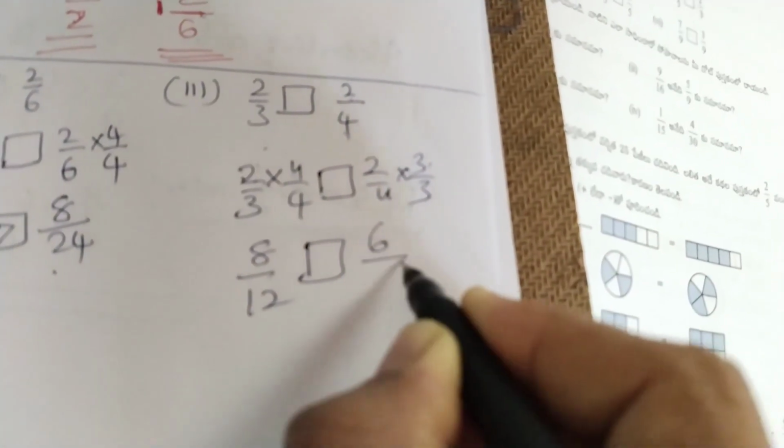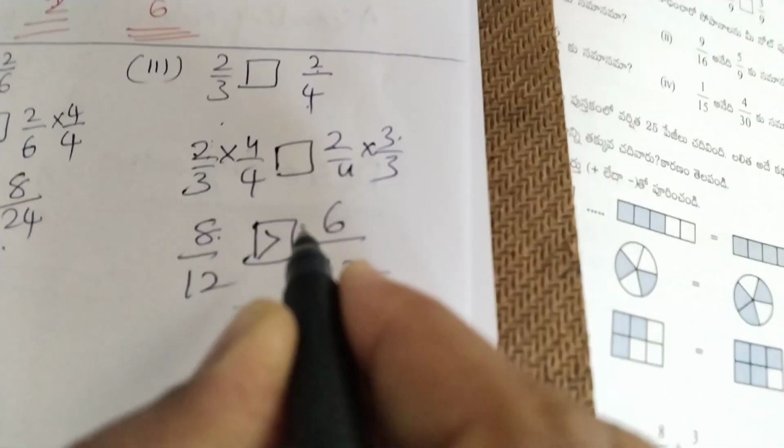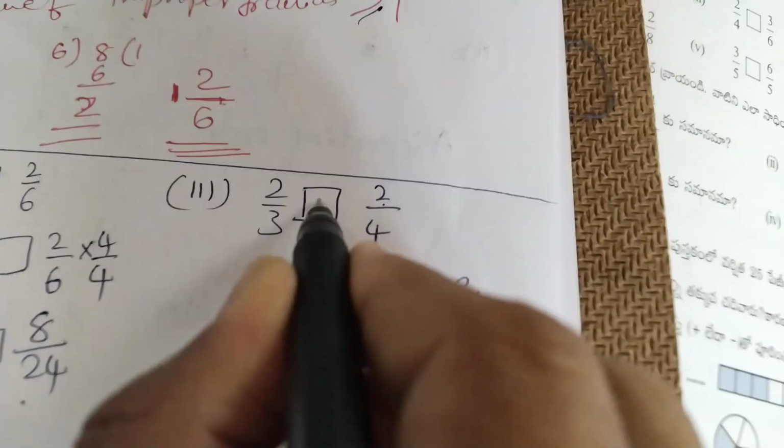So 2 fours are 8 by 3 fours are 12, and 2 threes are 6 by 4 threes are 12. Now the given fractions are converted to like fractions. So 8 is bigger than 6, so I am going to put greater than, and also 2 by 3 is greater than 2 by 4.